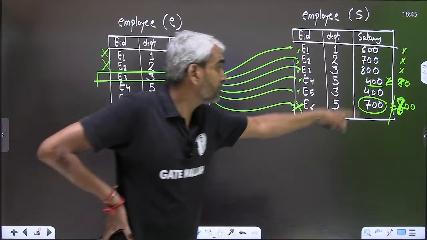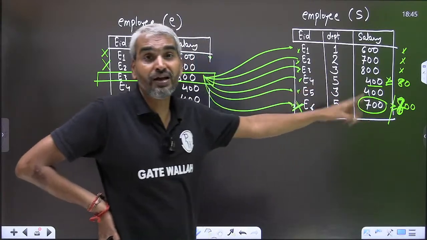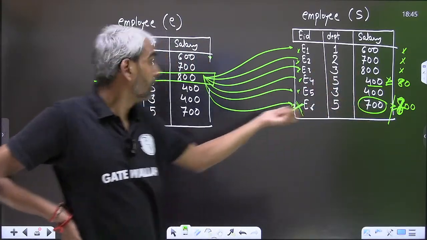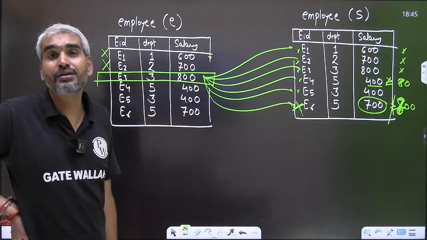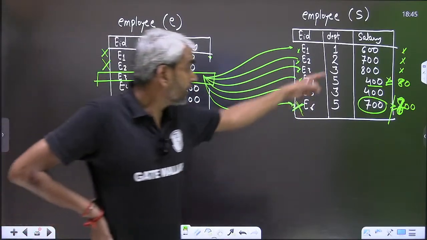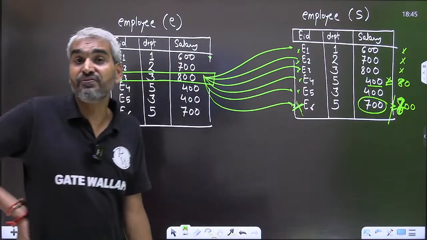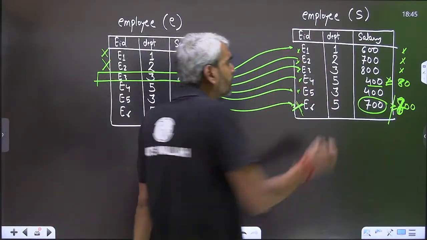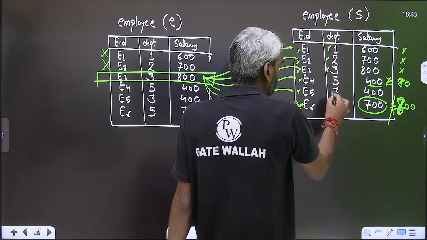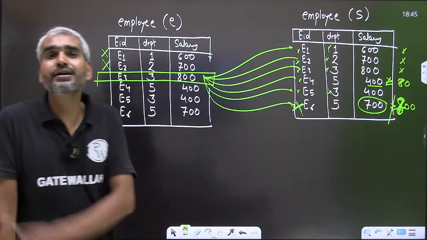So if any employee of department 5 has a salary more than or equal to the salary of the employee under consideration, then that particular employee will not get selected. But if the department is not 5, then anyway those tuples will not get selected. We don't need to check with respect to employees of other departments.